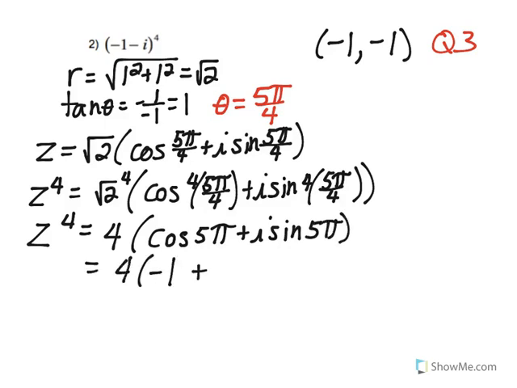So we'll get negative 1 plus 0, which will give us a negative 4. So these won't always come out perfectly like this. If they come out to something that's a decimal, you can round it. But a lot of times you will be able to work with exact values in this type of situation.